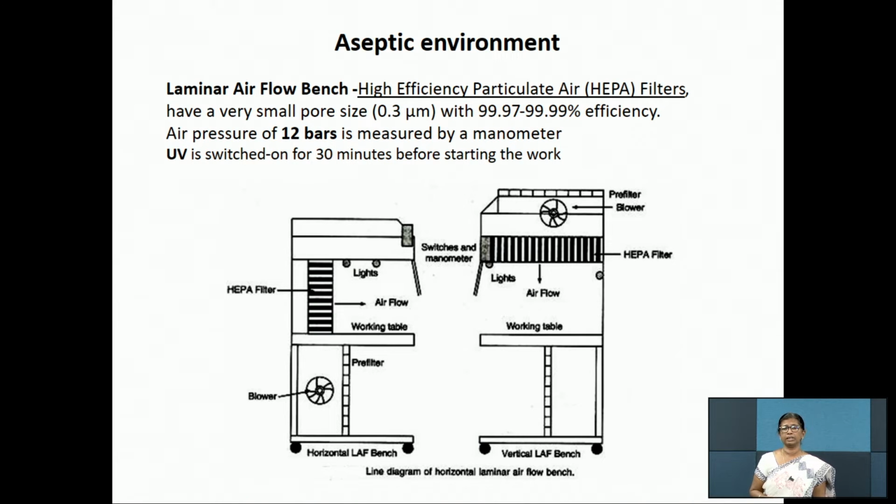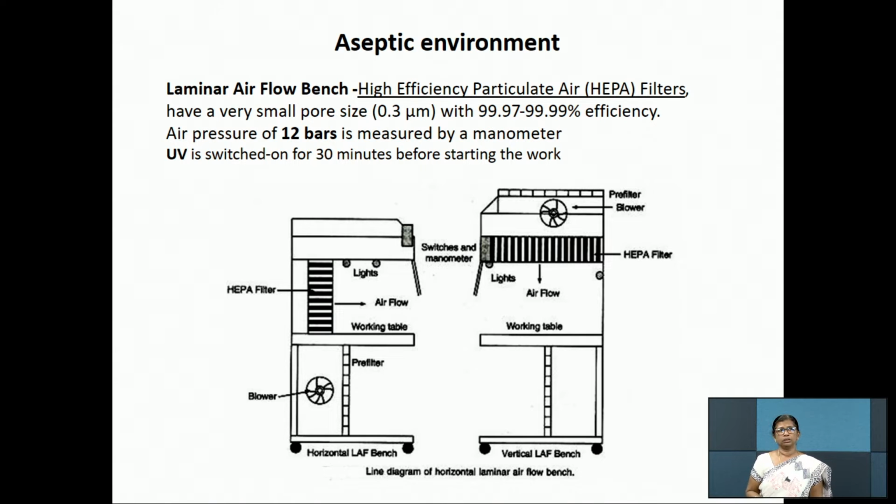It will prevent entry of any fungal spores or bacteria. In this laminar airflow chamber, the air pressure is maintained at 12 bars, controlled by a manometer present in the chamber. The UV light is there, and it should be switched off about 30 minutes before starting the work.